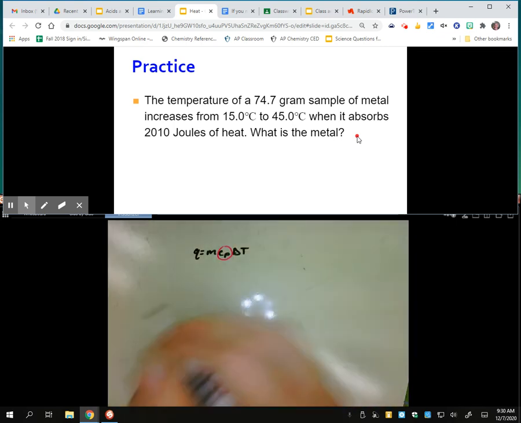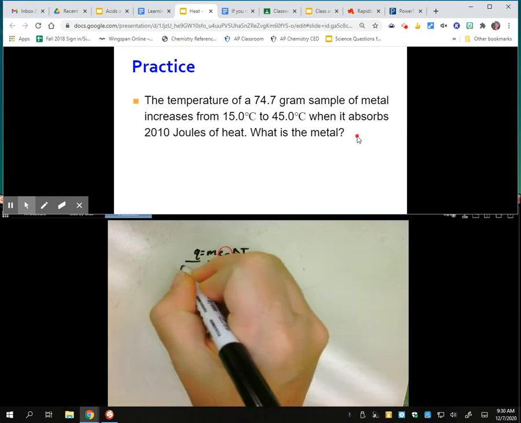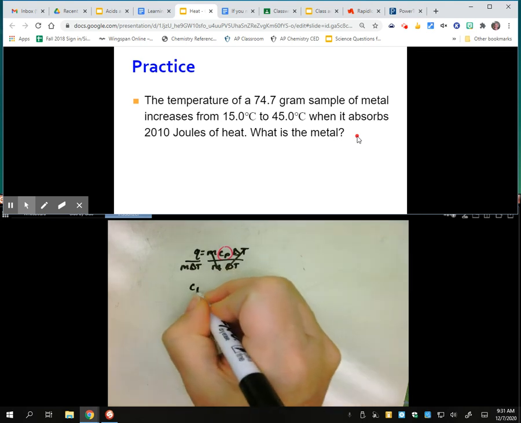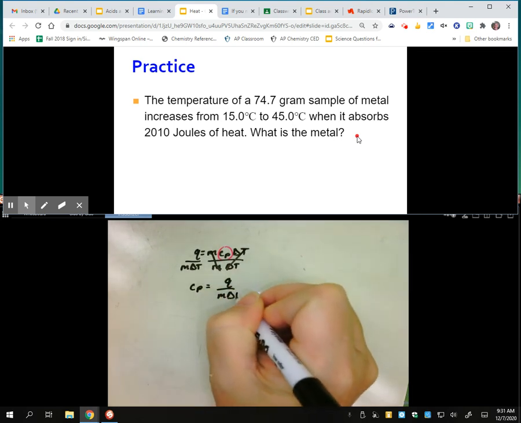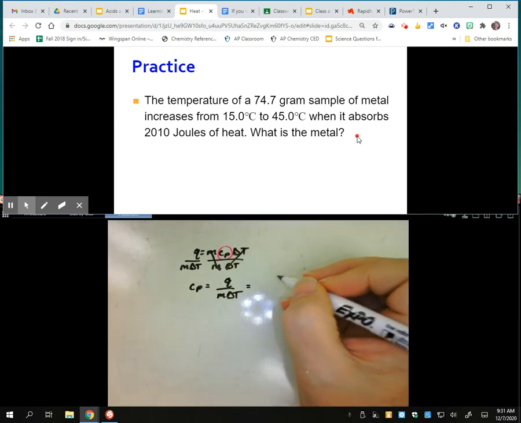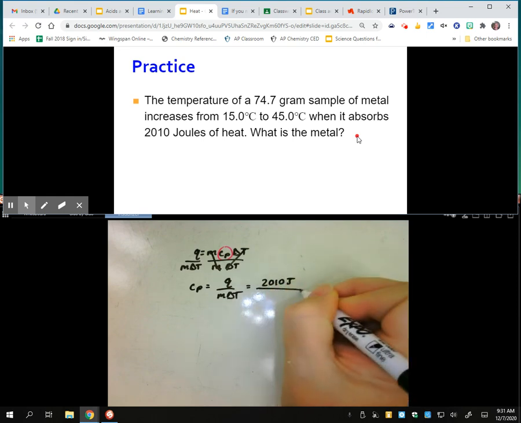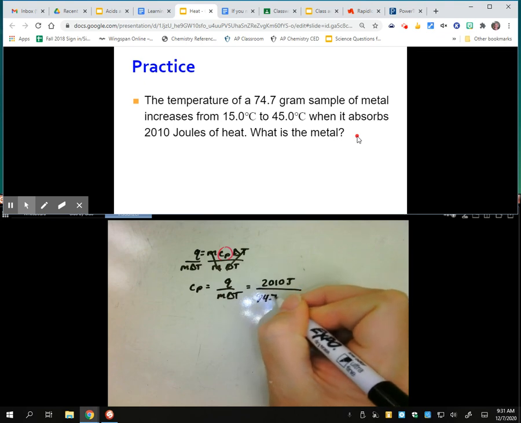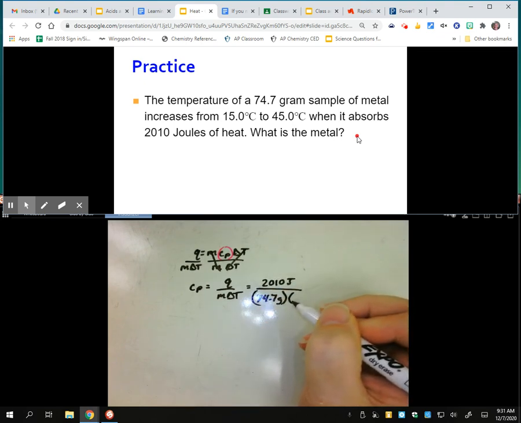So if I solve for specific heat, Q is my heat, and that would be 2010 joules, divided by my mass, which would be 74.7 grams, times my change in temperature.